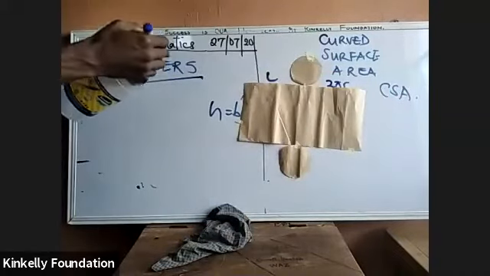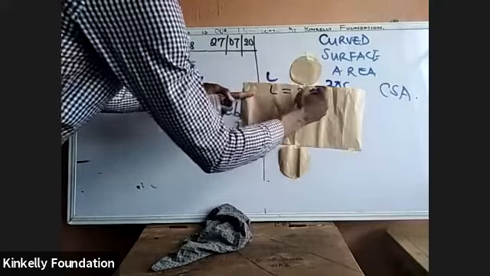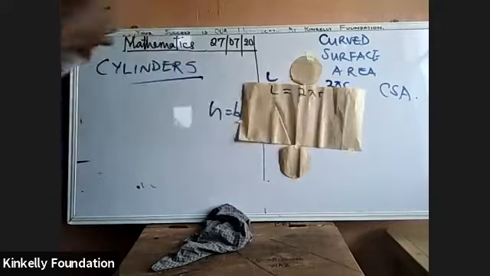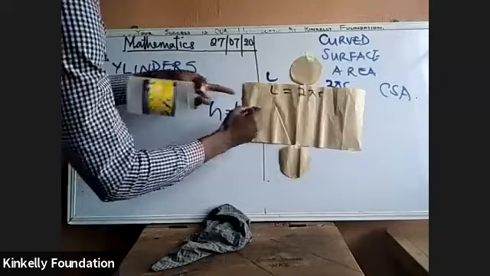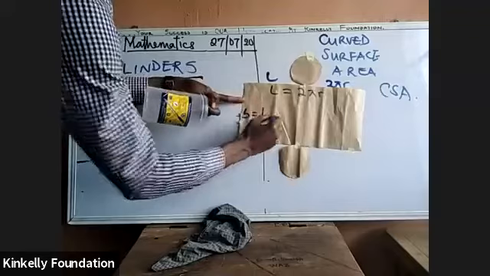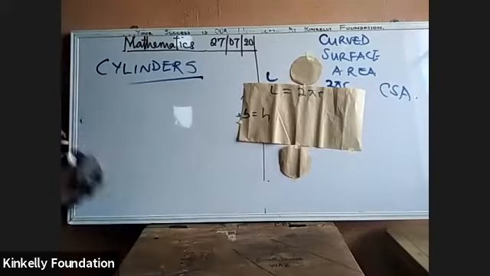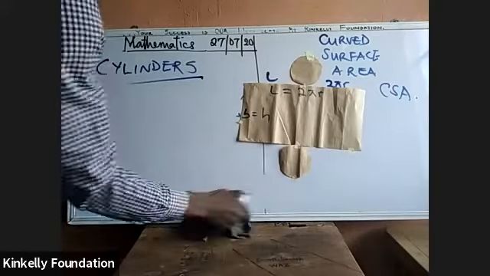Which means that the length of this is equal to the circumference of the top. And we also say that the breadth is equal to the height. Now, when you look at this, what do you say about the curved surface area?